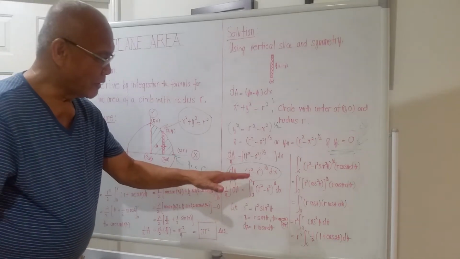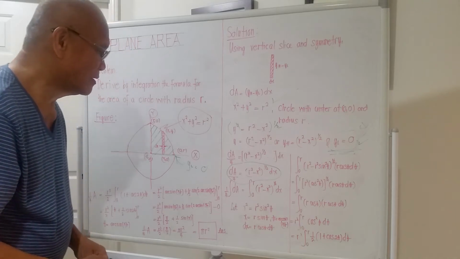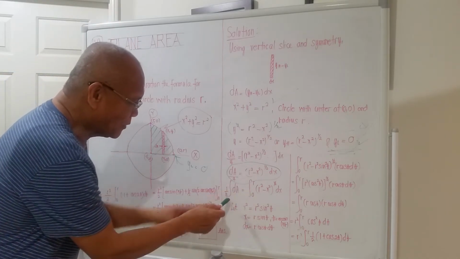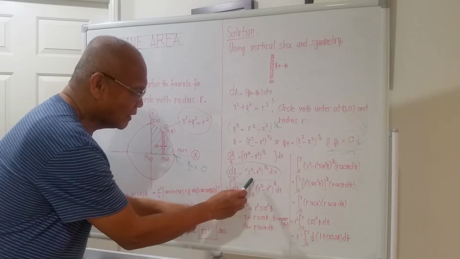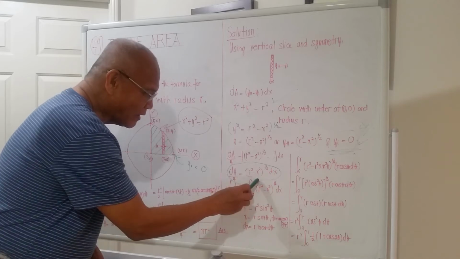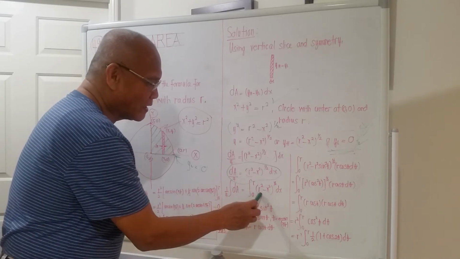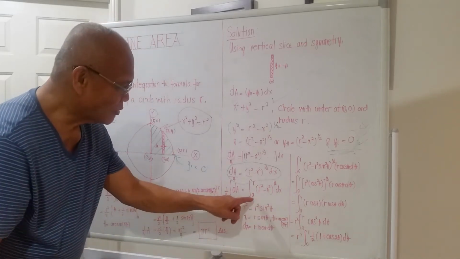To compute for the area, we are given the differential equation, try to integrate both sides. We got a 4 here, I place it outside: 1/4 the integral of differential area equals the integral from 0 to r of the quantity (r squared minus x squared) raised to the 1/2 dx. Why the value 0 to r?